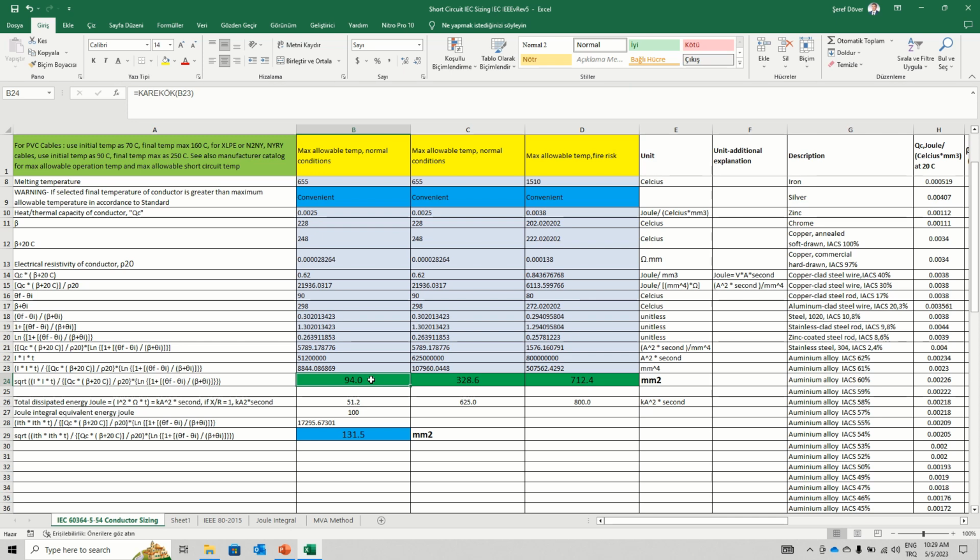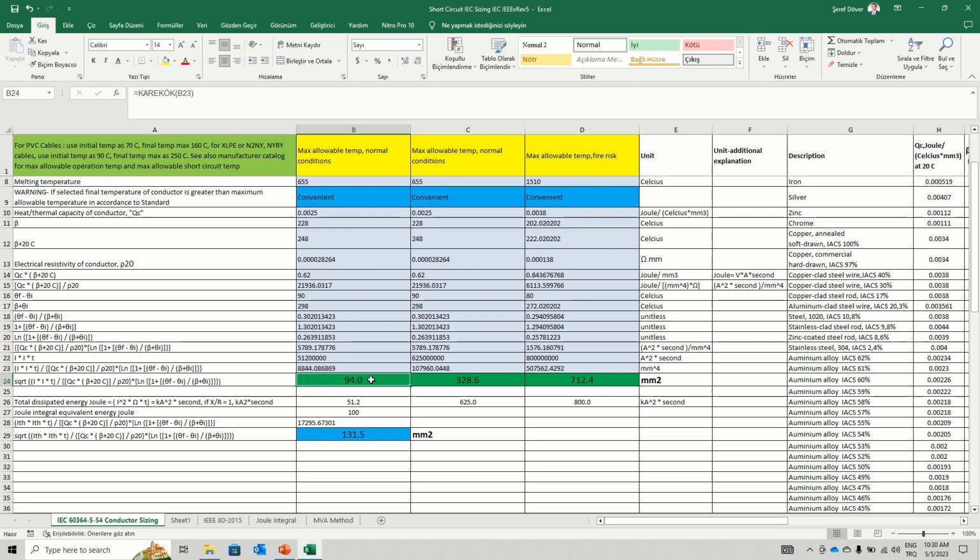Let's say in power plants, we are working in front of unit auxiliary transformers, and for sure we will have an X over R ratio maybe more than 30, 40. Then you will need to select 131 millimeters square instead of 94.